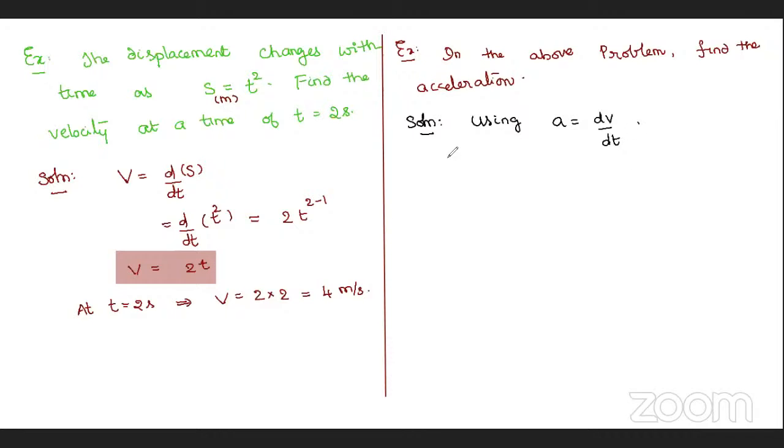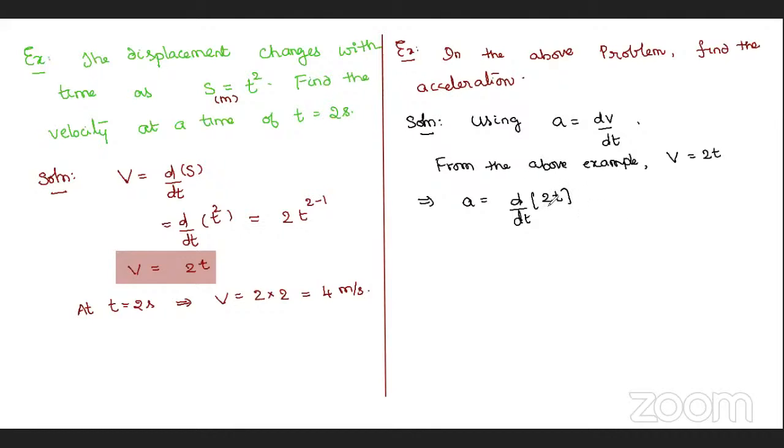From the above example, I write where I got v equals 2t. That I am going to substitute here. That implies a equals d by dt of v, I got 2t. Here you have to understand one point. This is called practice.